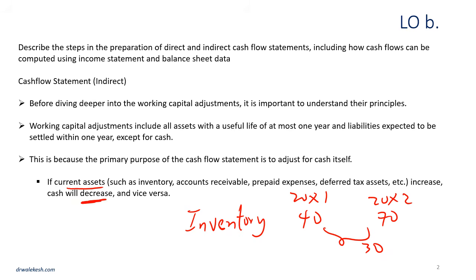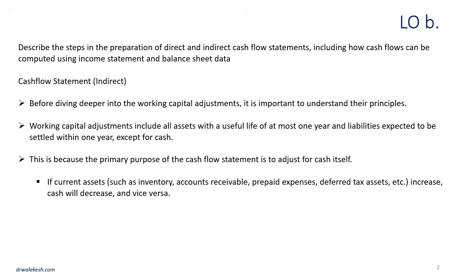So this change of 30 will be recognized under the cash flow from operations, and it will be recognized as minus 30. If we have something of this nature, let's say in 20x1, account receivable, which is also a current asset, is 70. Then in 20x2, it has reduced to 50.